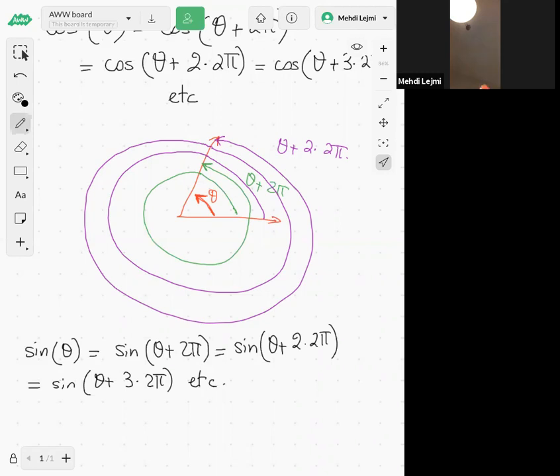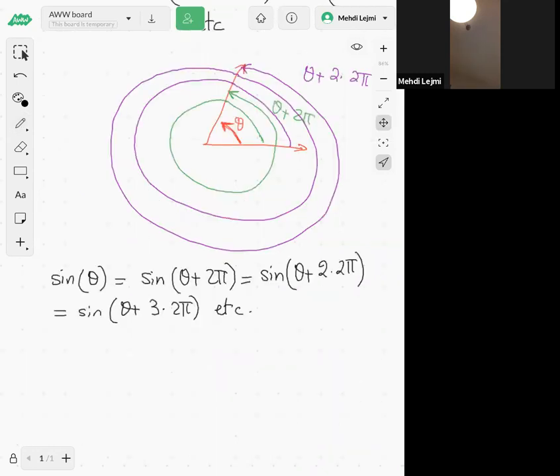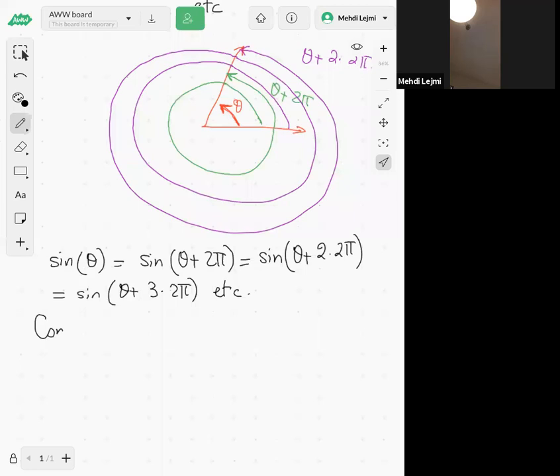So the conclusion is what I call the periodicity of sine and cosine. You get the same value over and over again whenever you add a full rotation.